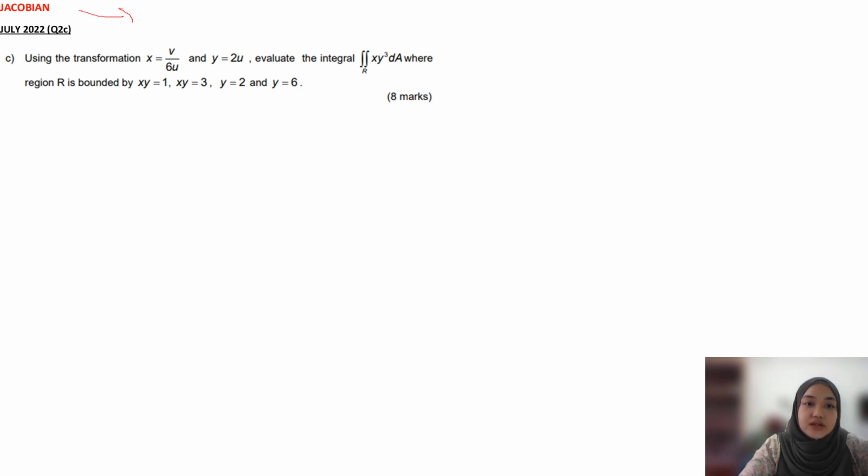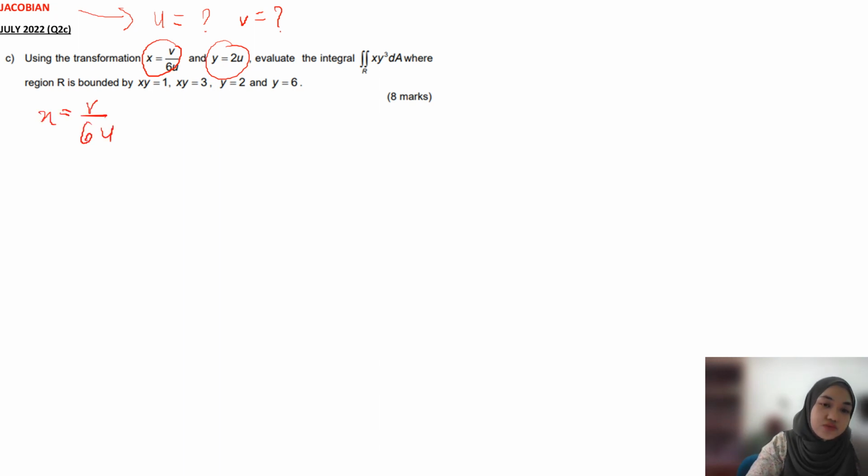For a Jacobian question, what you need to find is what is u and what is v. So for this one, we start from here. Since it has u and v, for x equals v over 6u, you have to find v.